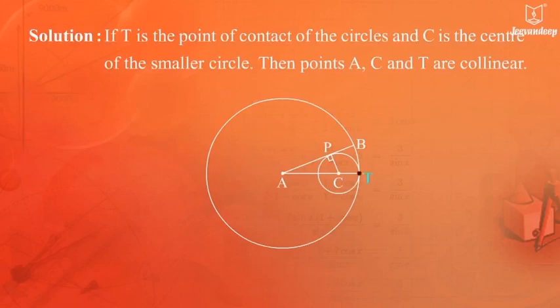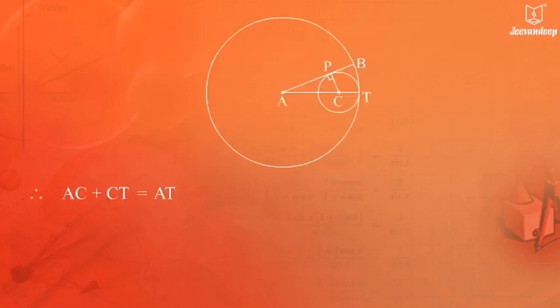Solution: if T is the point of contact of the circles and C is the center of the smaller circle, then points A, C and T are collinear. Therefore, AC plus CT equals AT. Putting the values, we get AC plus 6 equals 16.